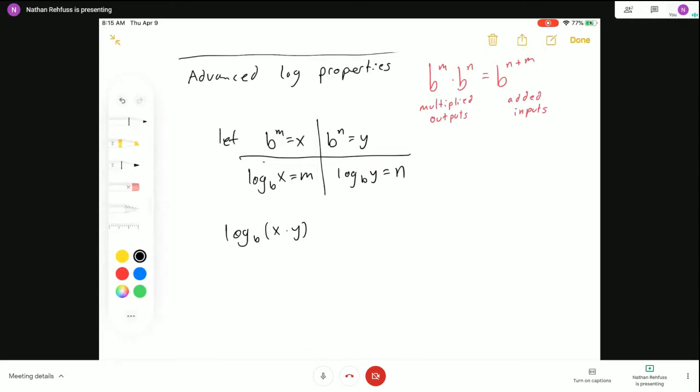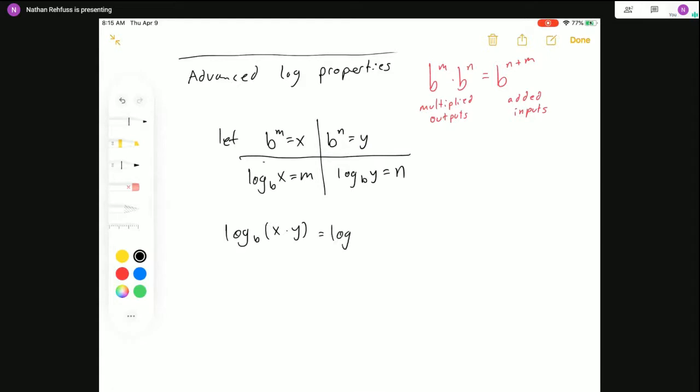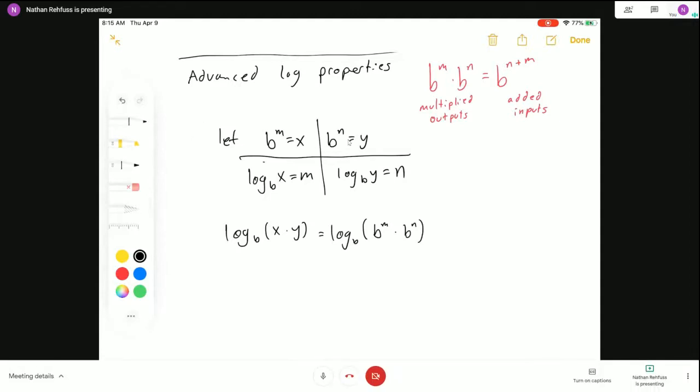If I have multiplied inputs, and this is why I named everything, now I can say x is b to the m and y is b to the n. So I've substituted these two top equations. And again, these didn't come from anywhere. I just said, hey, let's say x is the name for b to the m power, and let's say y is the name for b to the n power, and let's see where that gets us.